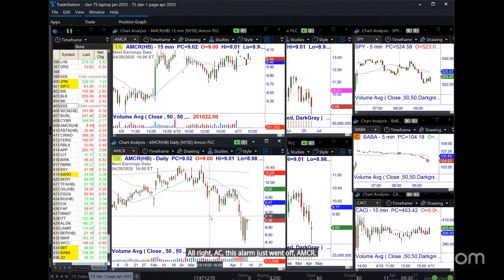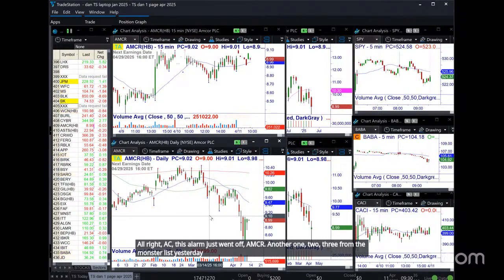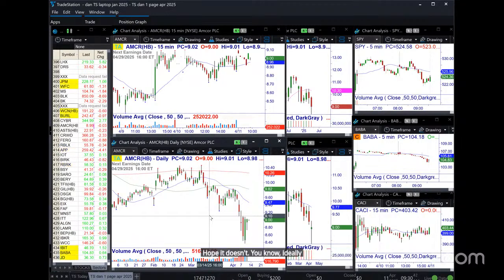All right, AC, this alarm just went off, AMCR. Another 1, 2, 3 from the monster list yesterday. Let me set an alarm at 9:05. Ideally we get another inside day. Target would be just the 20 MAs in a downtrend. But 30-minute high might be a good day trade too.